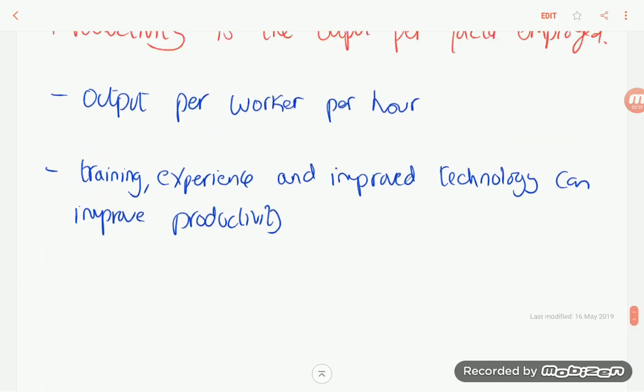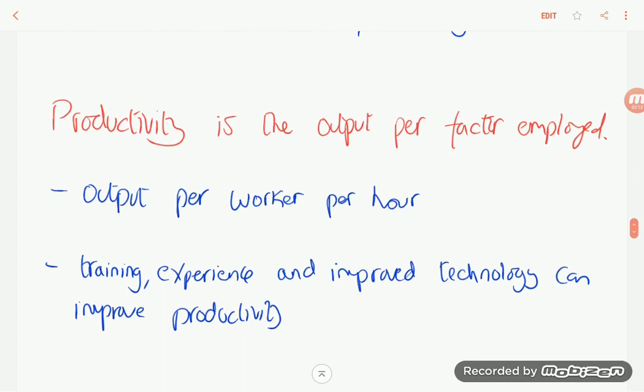So let's just look at one of these inputs here then. Labour productivity is the output per worker per hour, or output per hour worked if you prefer. Labour productivity is one example of measuring productivity for one factor. It's the amount of output produced per worker or per worker hour.